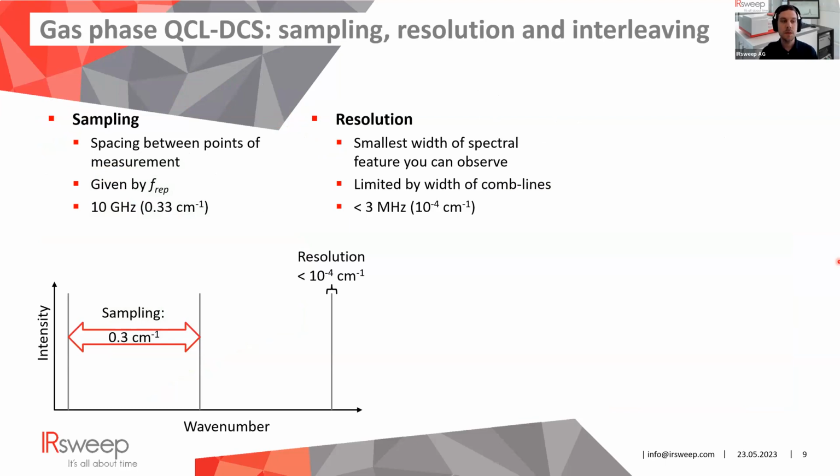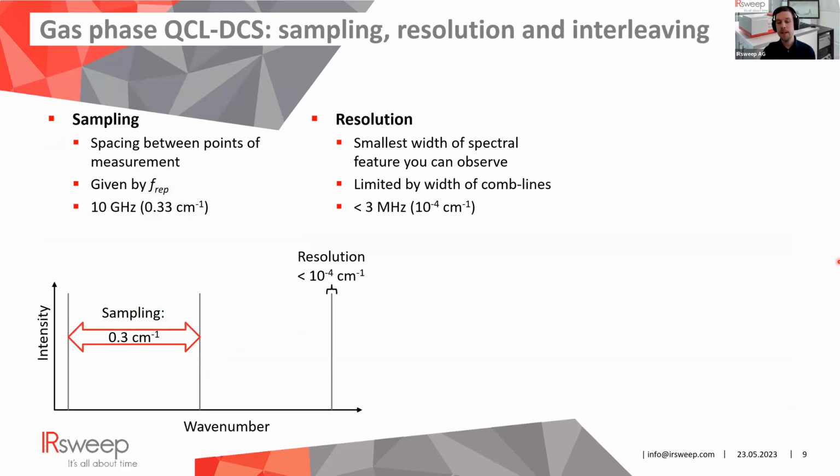Now, if I talk about spectral sampling, what I mean is the gap between data points on our frequency axis that we have in our spectra. And in our case, this is given by the repetition frequency of our lasers, which is about 0.3 inverse centimeters. The resolution, on the other hand, is defined as the smallest width of a spectral feature that we can observe in our spectrum.